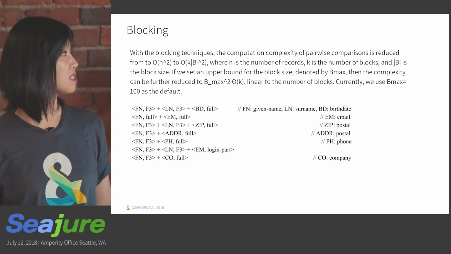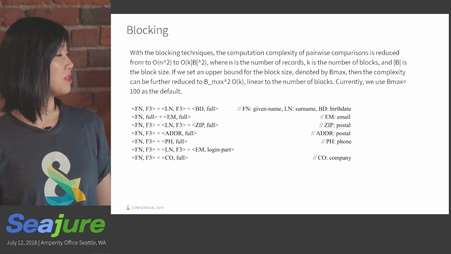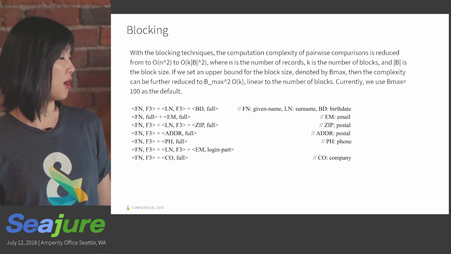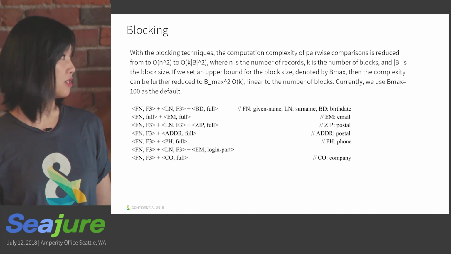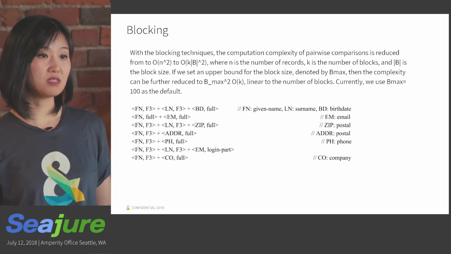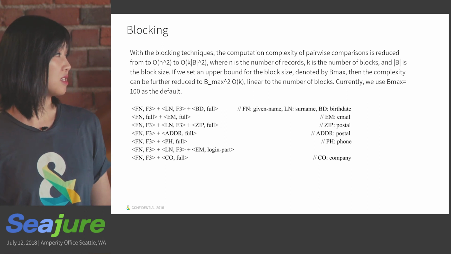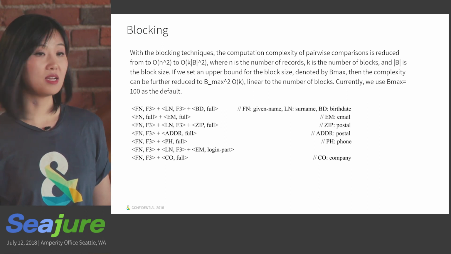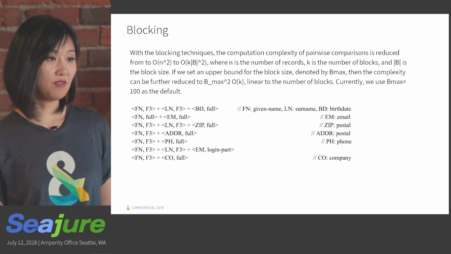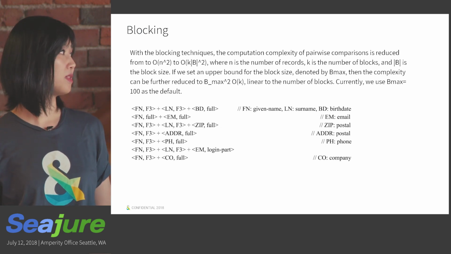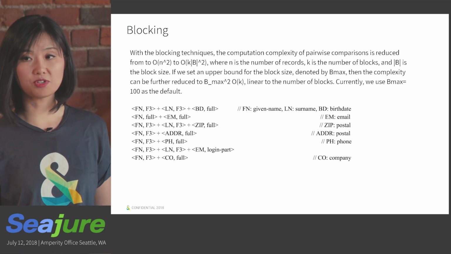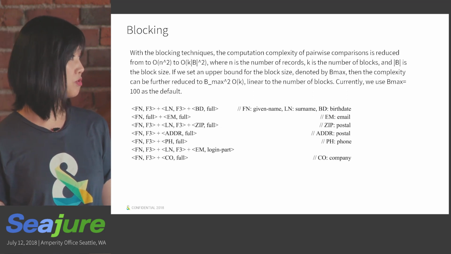What this means is we reduce the number of comparisons from n squared, n being the number of records, to k times b squared, where k is the number of blocks and b is the size of the blocks. So if you set an upper bound for the size of the block, then it becomes linear in the number of blocks. So it's a huge simplification.